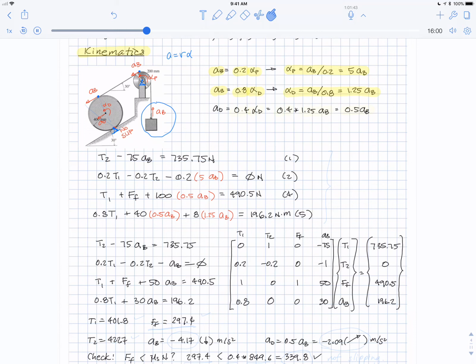We also want the acceleration of the disc in terms of the acceleration of the block. The acceleration of the disc is its distance from the pin, which is 0.4, the radius, times alpha of the disc. We just solved alpha of the disc as 1.25 a block.